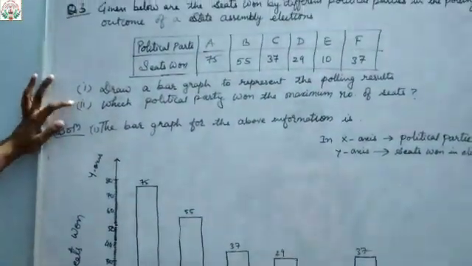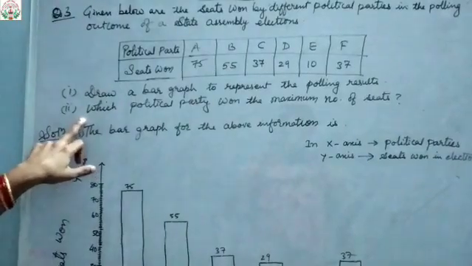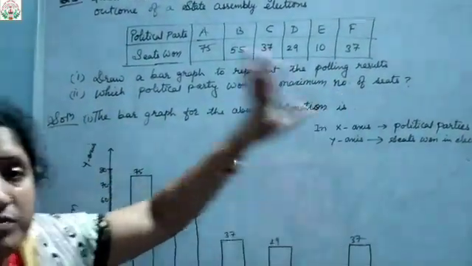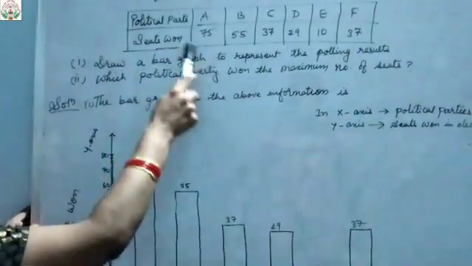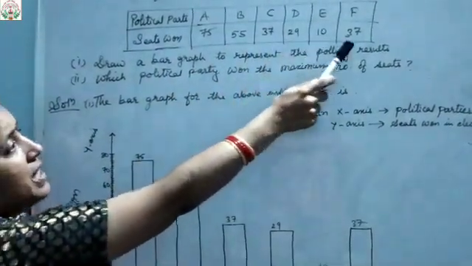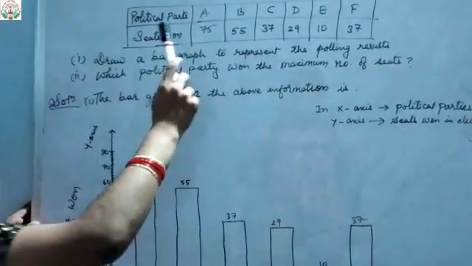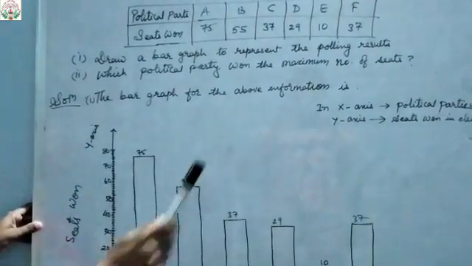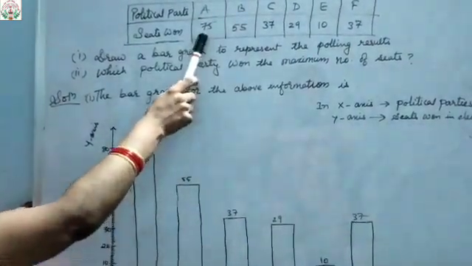Okay, now what is the second part? The second part of the question is which political party won the maximum number of seats? Here, which party got the maximum number of seats? 75, 55, 37, 29, 10 and 37. Out of this, which frequency is the maximum, or which particular party has got the maximum votes?